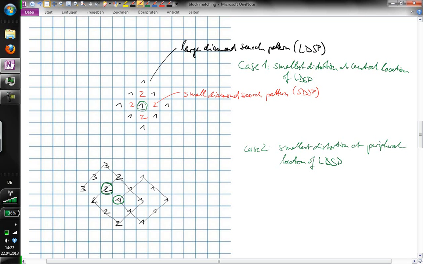And I again find this kind of search pattern. Okay, and this is continued until the lowest energy position lies at the center of the search pattern, at which point we switch to the small diamond search pattern here, for example, in iteration number 4.